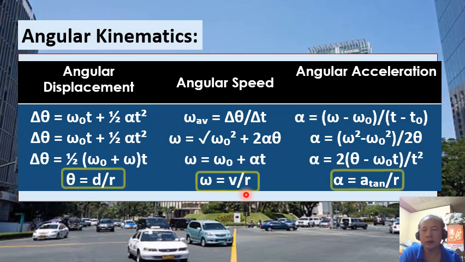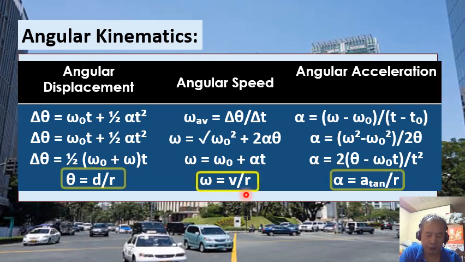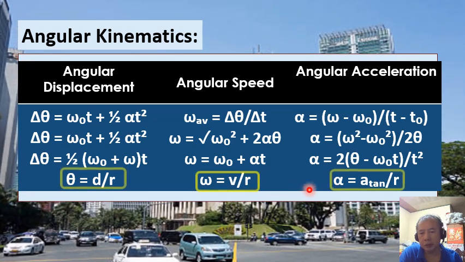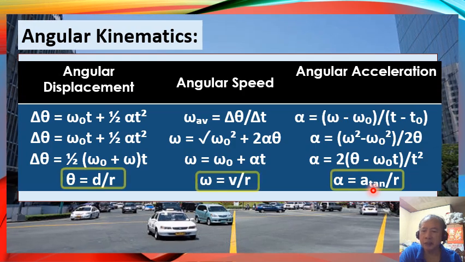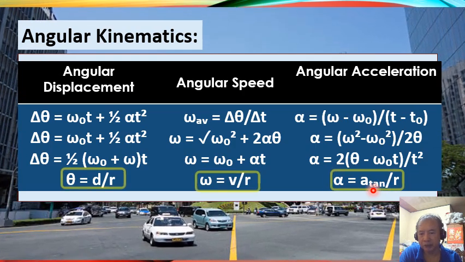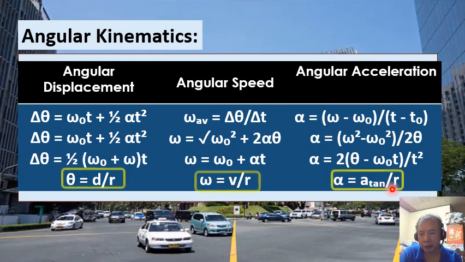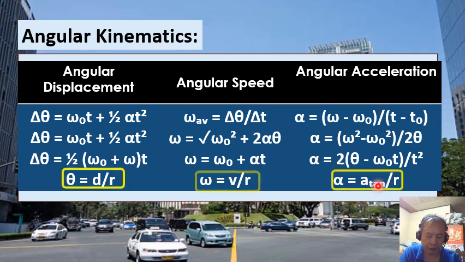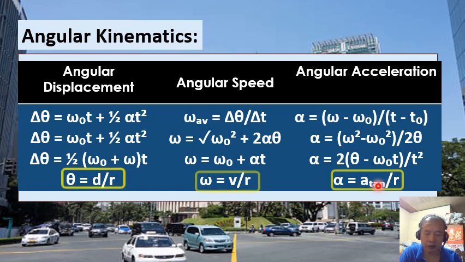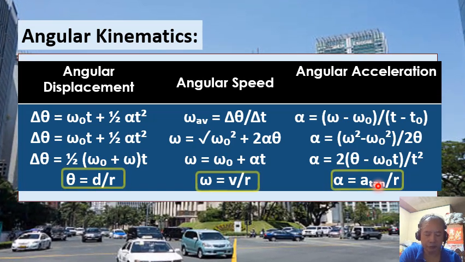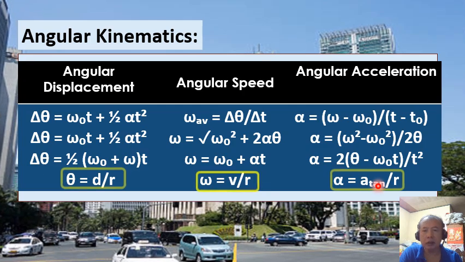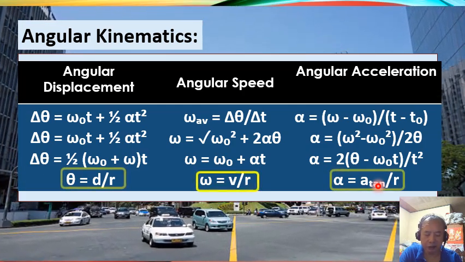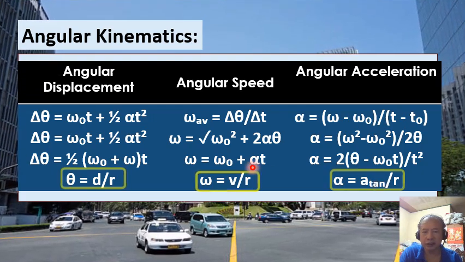And angular acceleration alpha is related to the linear tangential acceleration, a sub tan, divided by the radius r. Notice that the radius of the circular path is the constant that relates the angular and the linear quantities.